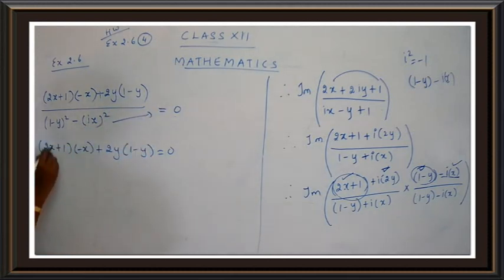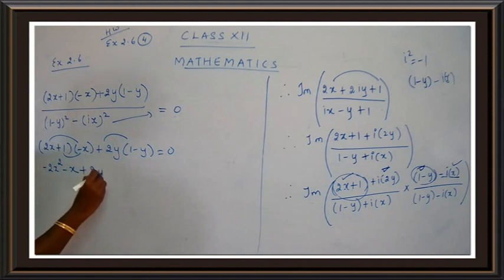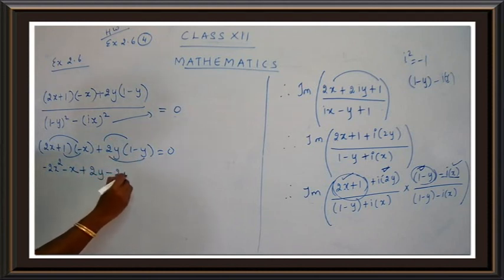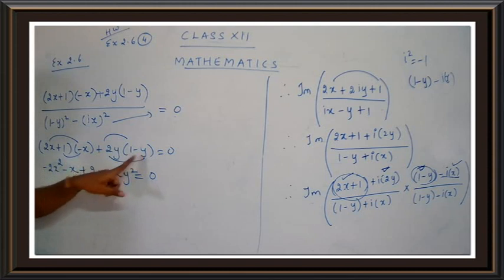Let's open the bracket. 2x into minus x, minus 2x square. 1 into minus x, minus x. 2y into 1, 2y. 2y into minus y, minus 2y square is equal to 0.